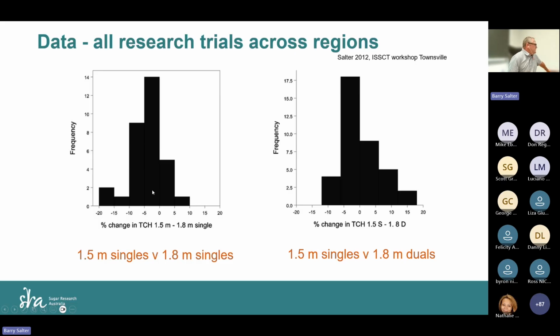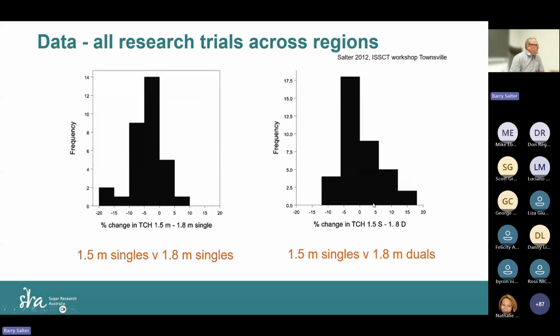And our thoughts around that were that the way we were planting research trials, which is still the way we plant them now, with the whole stick planter and the double disc opener whole stick planter, was that on the 1.8 metre single, the shoot width on our planter was just too narrow. So we were essentially putting billets end to end with pretty low planting rates. And perhaps that was causing some of these differences, where the 1.8 metre single was slightly worse in some situations.